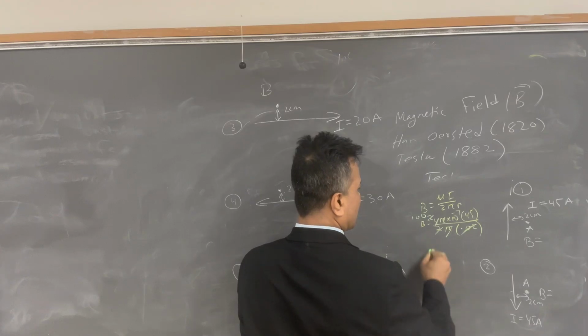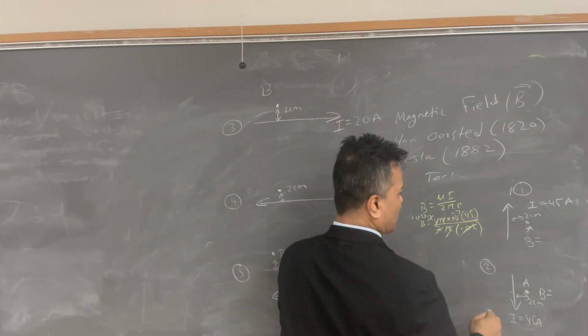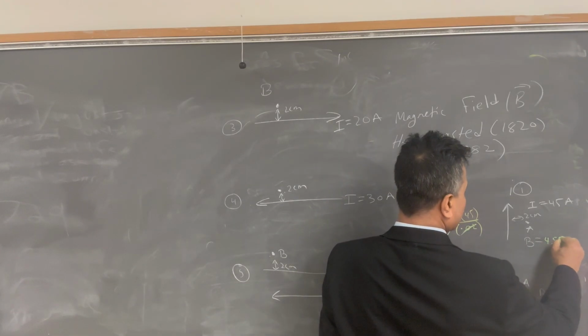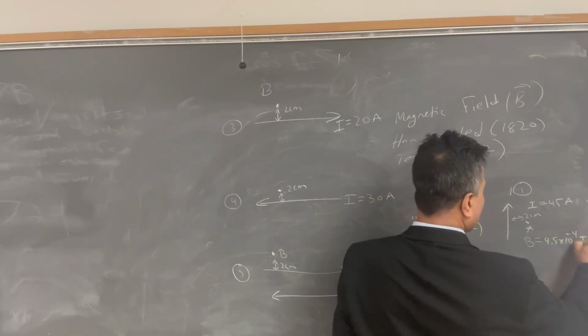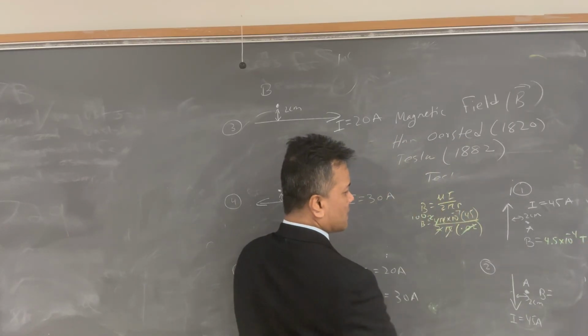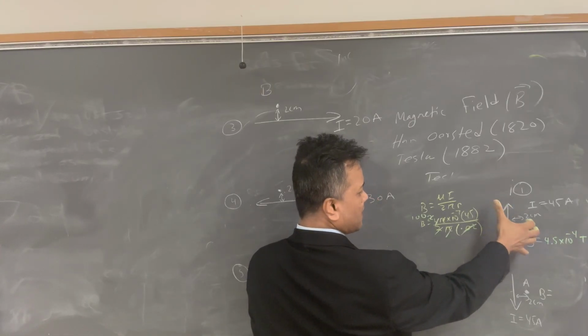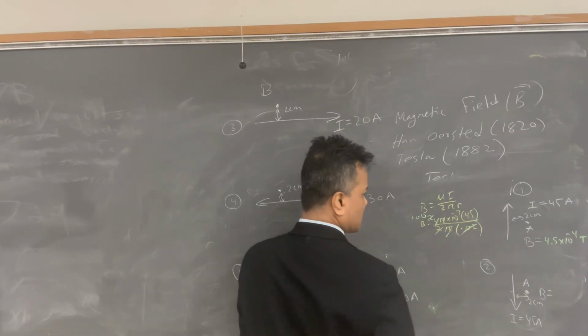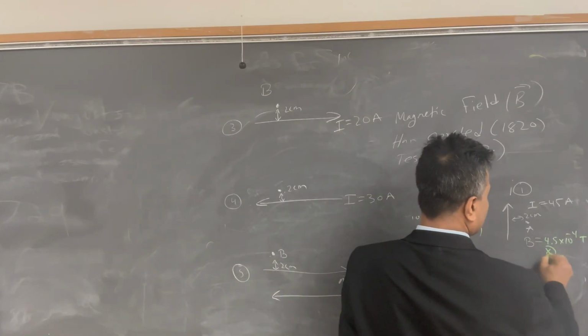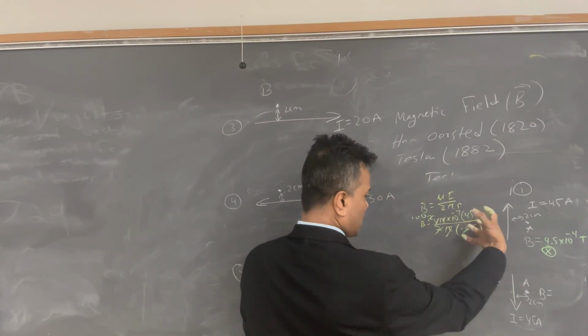So you have 4.5 times 10 raised to negative 4 tesla. Now, my thumb is the direction of the current and my fingers curl, so this is into the page, or counterclockwise.